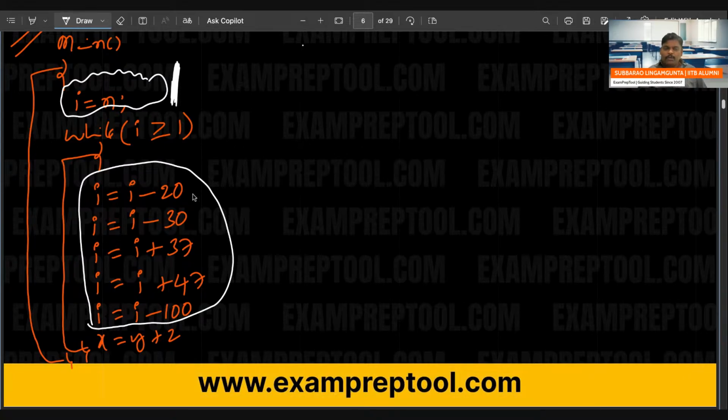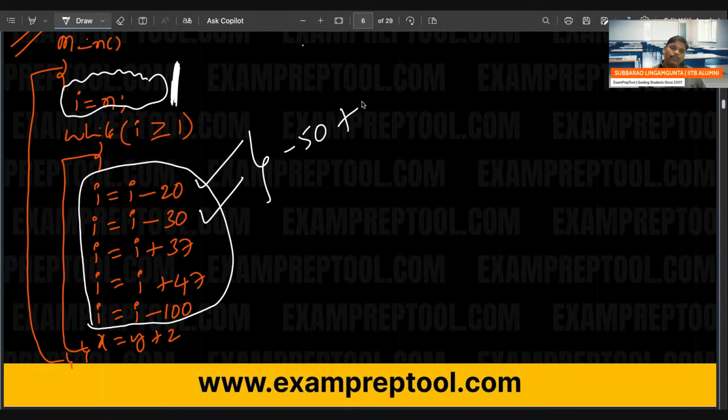So let's see what happened. First 20 decreased, next 30 decreased, overall 50 decreased. Next 37 incremented, next 47 incremented, overall 84, plus 94 incremented.